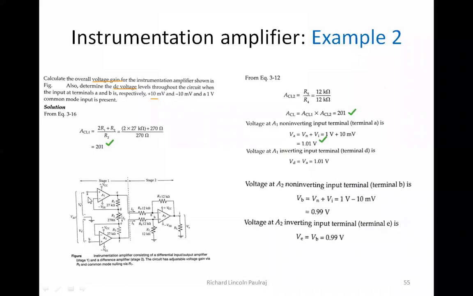And VA is here. How is it the same? Recall the concepts that we have studied so far. What is the property of an op-amp? Yes, can I have some response? Why is VD equal to VA?